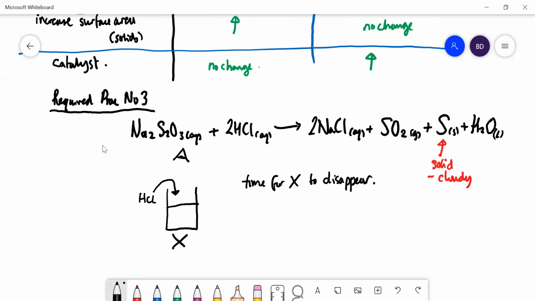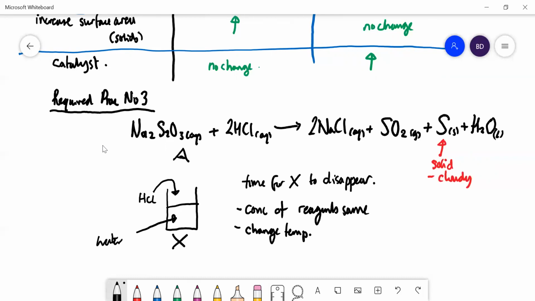And what you do is you keep all the concentrations of thiosulfate the same, and you change the temperature. You'd have to incubate this thiosulfate solution in a water bath before you start. And you do a range of temperatures, and you measure how long it takes for the cross to disappear.